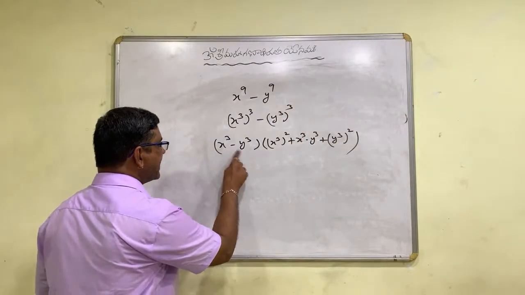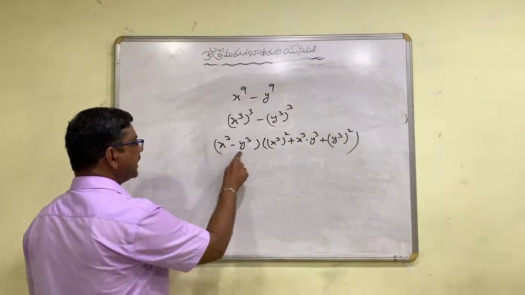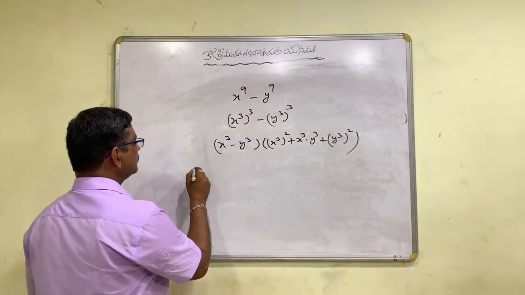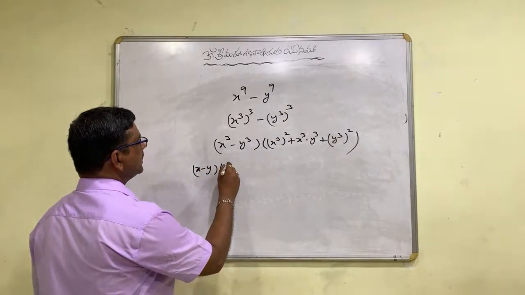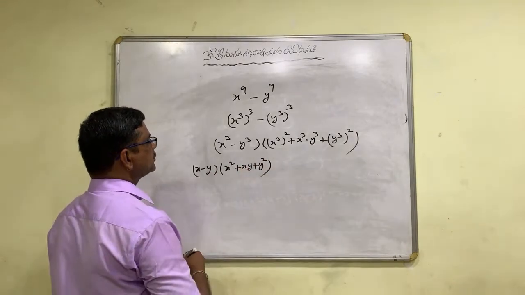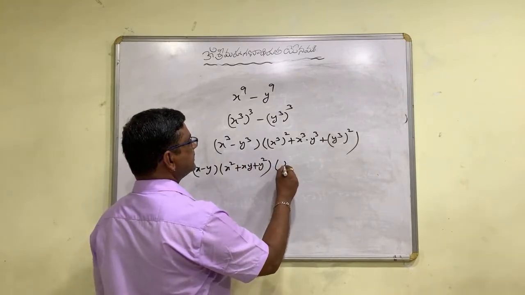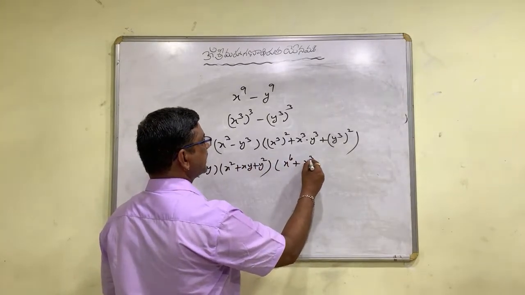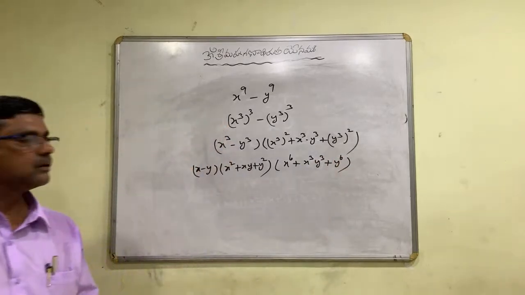Now this one again is a cube minus b cube form, so a minus b into a square plus ab plus b square. And this one is x power 6 plus x cube y cube plus y power 6.